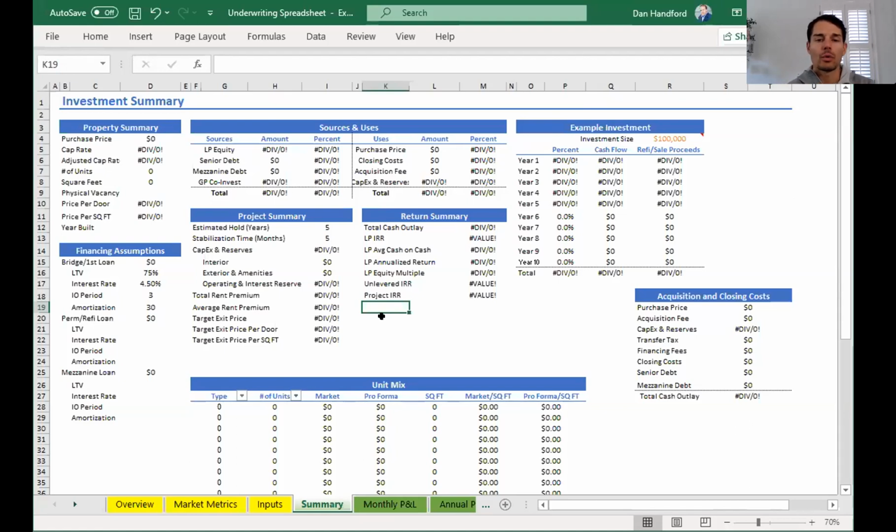And so we'll use this return summary section to really understand and evaluate how the investment is going to perform, and is it a good fit for us, our group, and our investors, or is it a deal that we need to pass on? Or do we need to go back and adjust our target purchase price to be a lower amount if we can't meet our return?